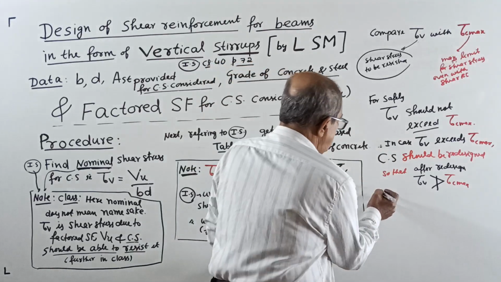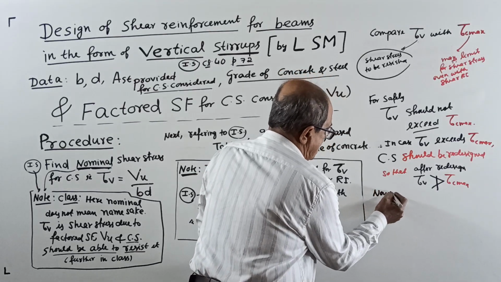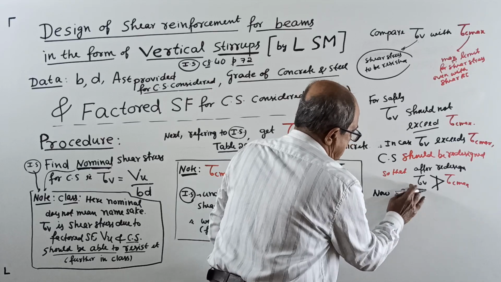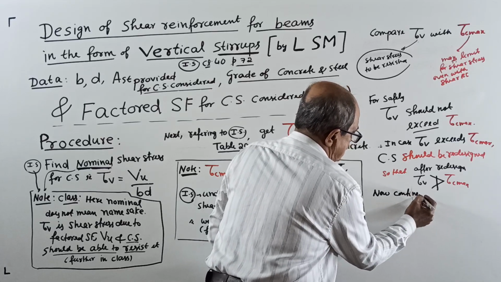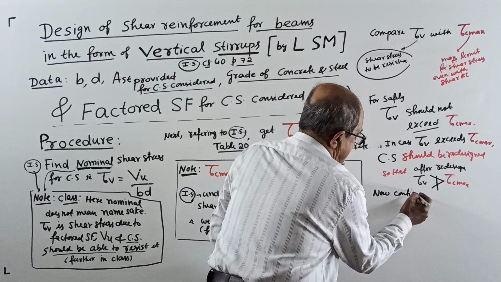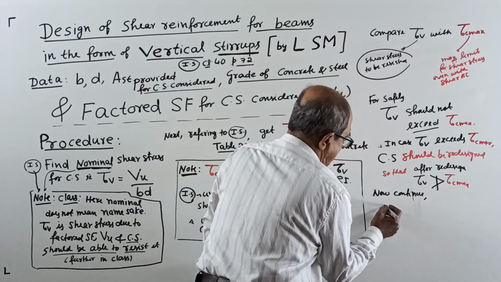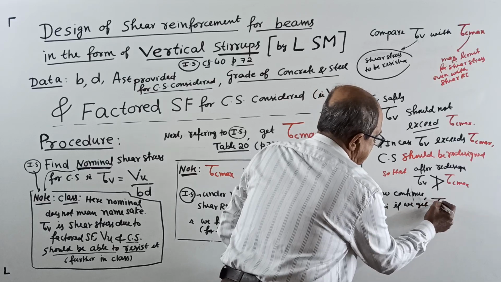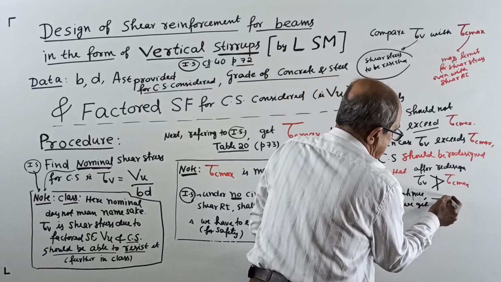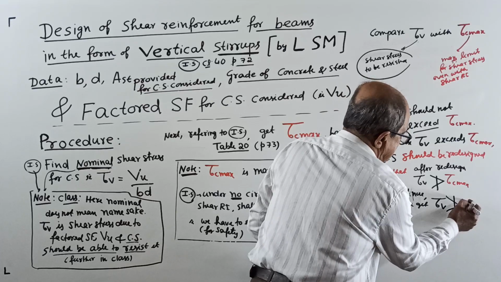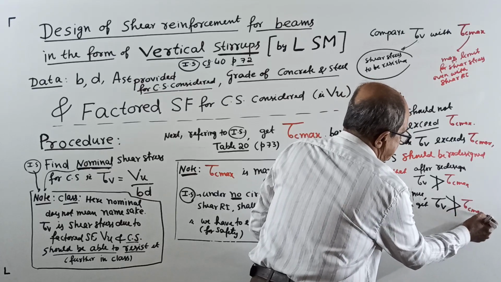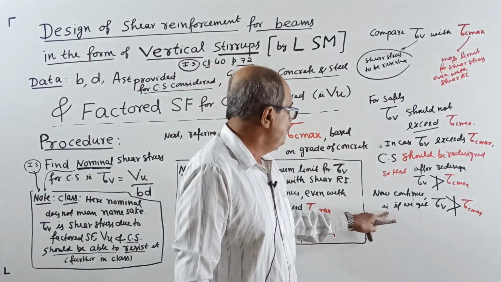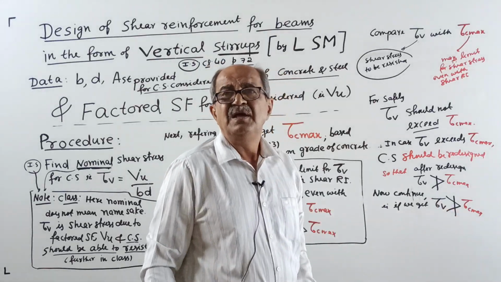Now continue. That is, if we get tau V not more than tau C maximum, you proceed further. You can write that: if tau V is not more than tau C maximum, continue.